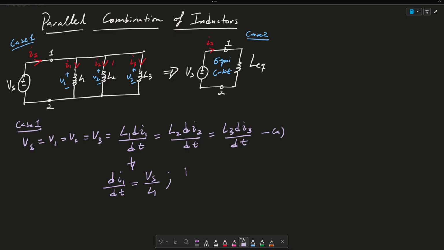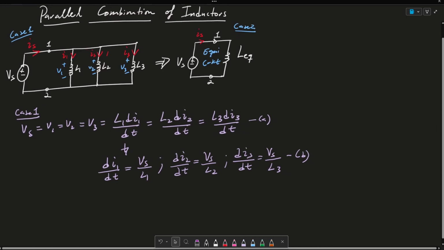Additionally, I can say that di2 over dt is equal to Vs over L2, and di3 over dt is equal to Vs over L3. All I'm doing is, for example in this case, just dividing this over here and solving for di1 over dt. So I hope that makes sense. And let me call this my set of equations B.